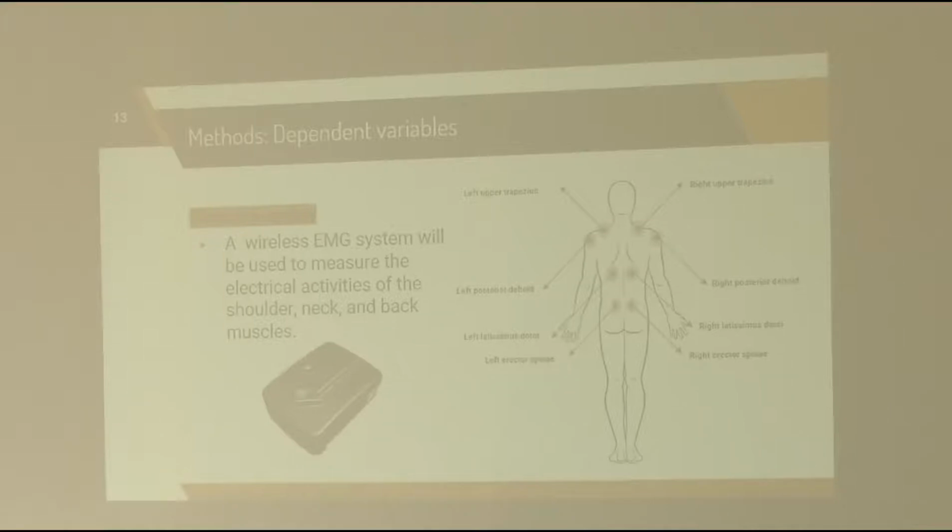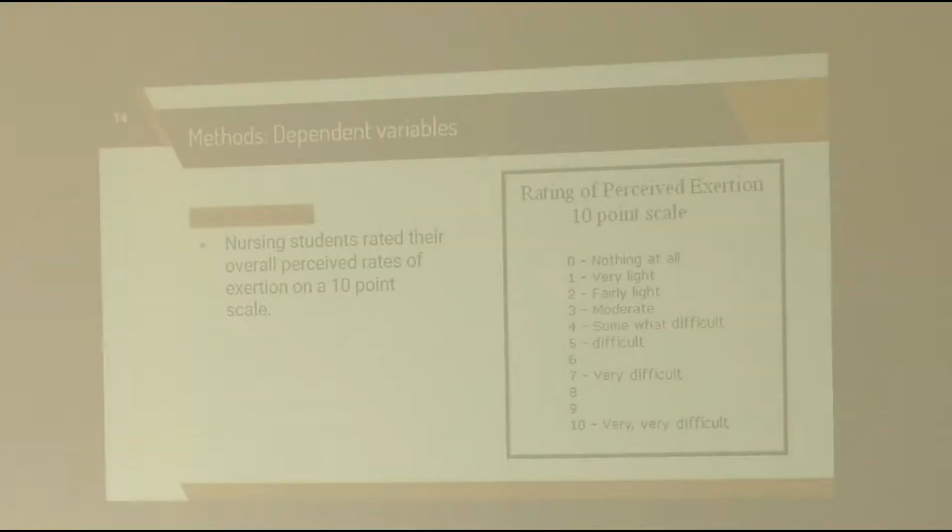In addition to that, in each experimental trial, nurses and patients were asked to rate the overall perceived exertion of the whole technique, for example, rating the flat bed with a sliding board, on a 10-point scale, where 0 indicated that there was no exertion at all, and 10 indicated that this task was very difficult.